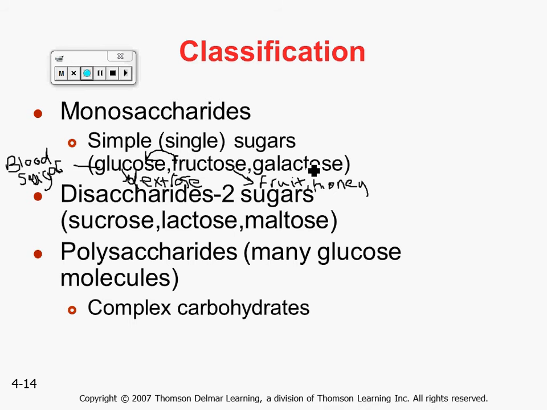And then, have you ever heard of galactose? No? All right. This one is part of lactose, because lactose is a disaccharide, meaning two sugars. So the two sugars that make lactose are galactose plus what?